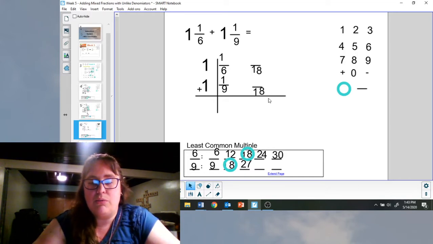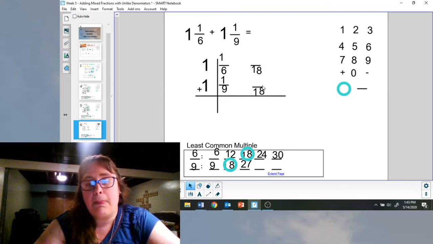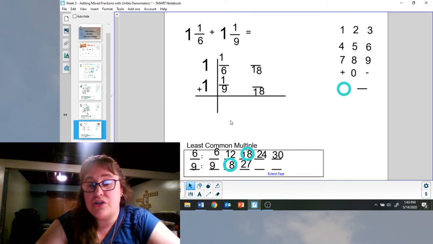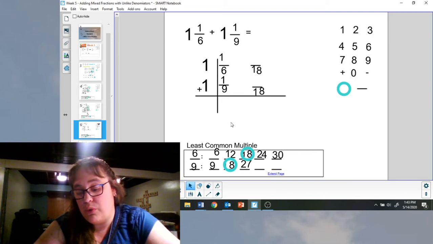And then I want you to pause the video, and I want you to find the new equivalent fraction. Show me your work here, what your form of 1 is going to be, and then find your new numerator. And then can you go all the way through and find the addition of your whole number and your fraction? And then come back here and I will show you the work. You can always hit play when you get stuck. All right? See you back in a couple minutes.